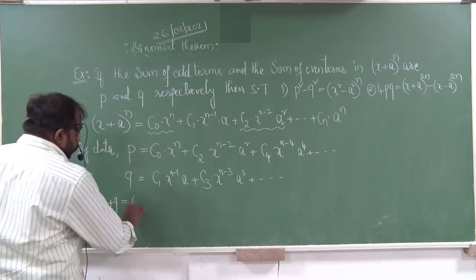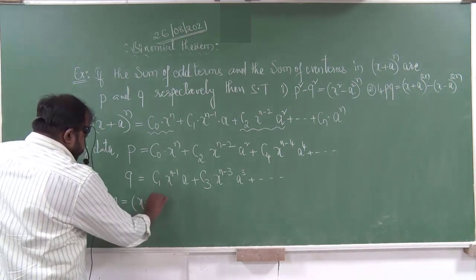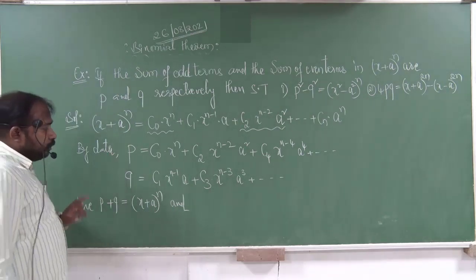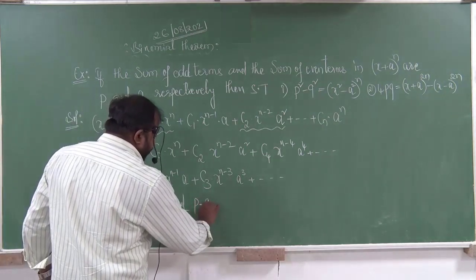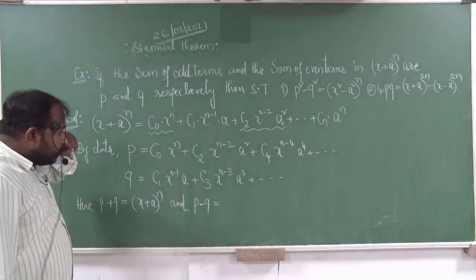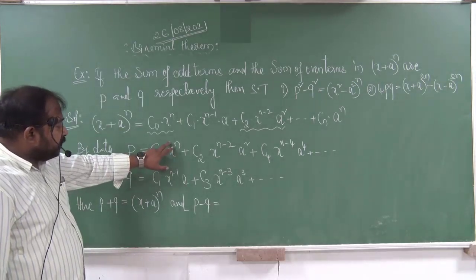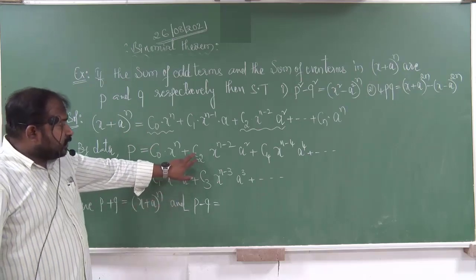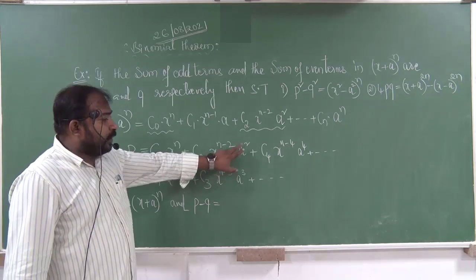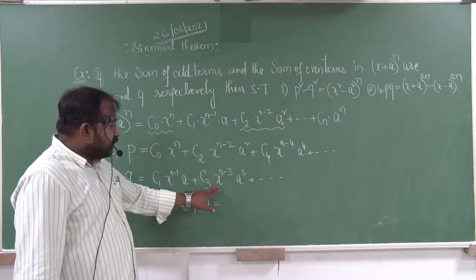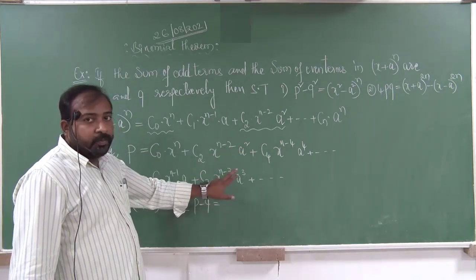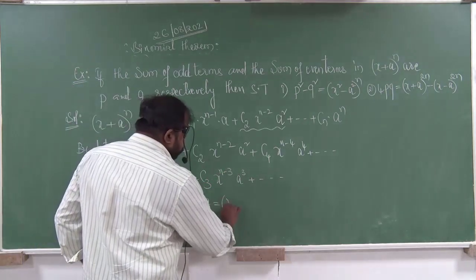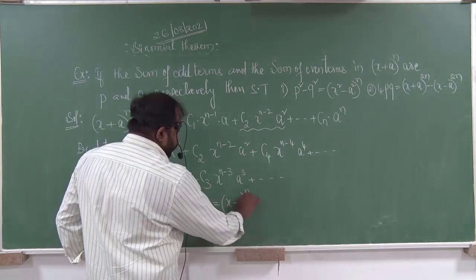So P + Q is nothing but (x + a)^n. If I do P − Q, what is the P − Q value? C0 x^n − C1 x^(n−1) a + C2 x^(n−2) a² − C3 x^(n−3) a³, like that you will get. That value is nothing but (x − a)^n.